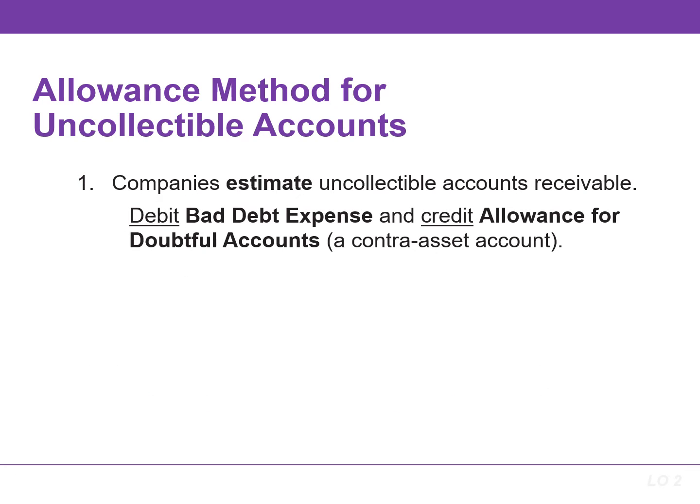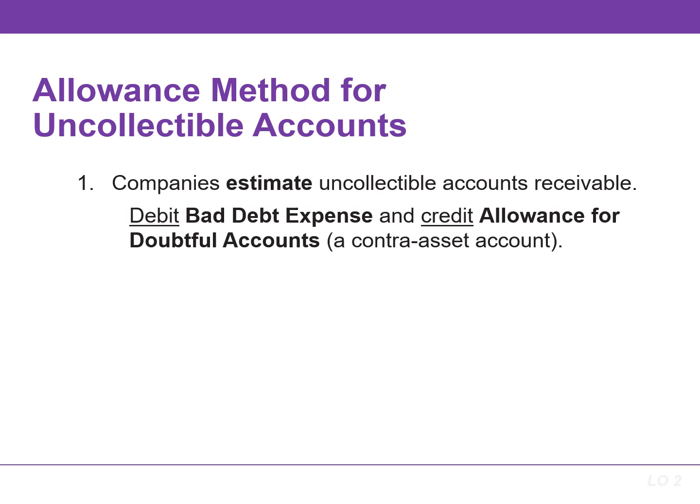There are two primary steps in the allowance method. First, companies estimate uncollectible accounts using an adjusting entry at the end of the period, which debits or increases bad debt expense and credits or increases allowance for doubtful accounts, which is a contra asset account.